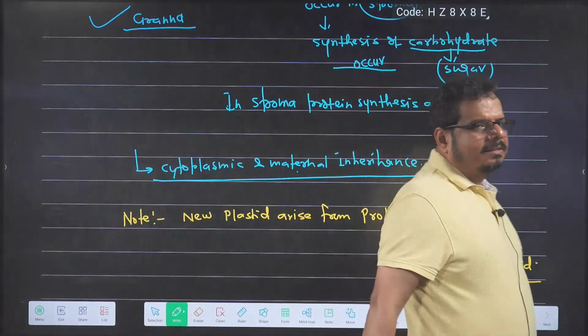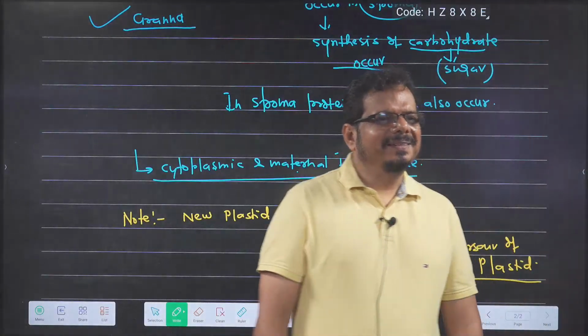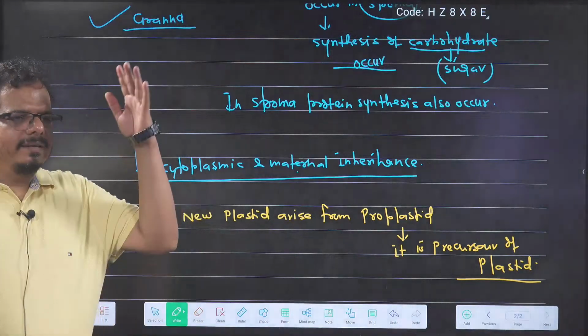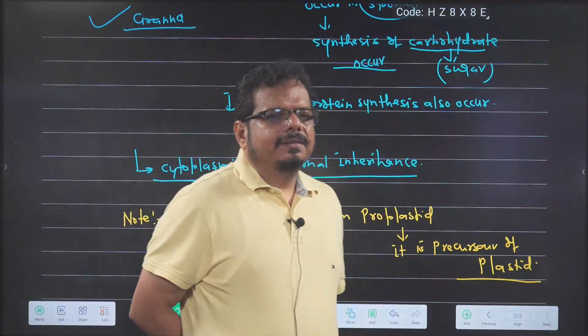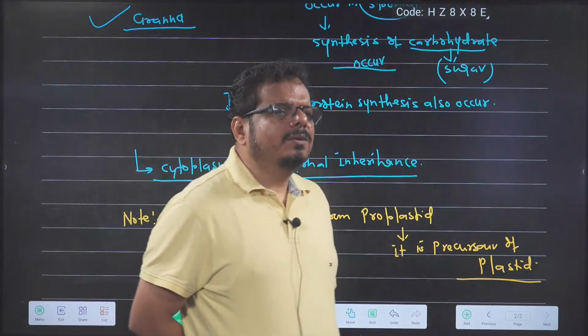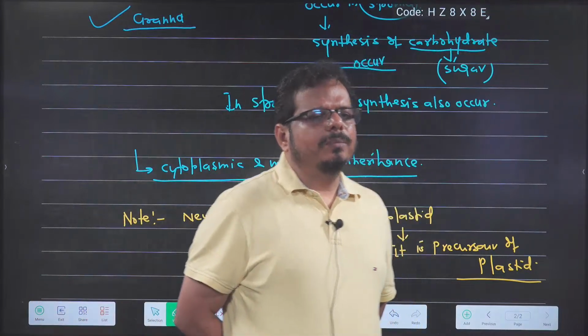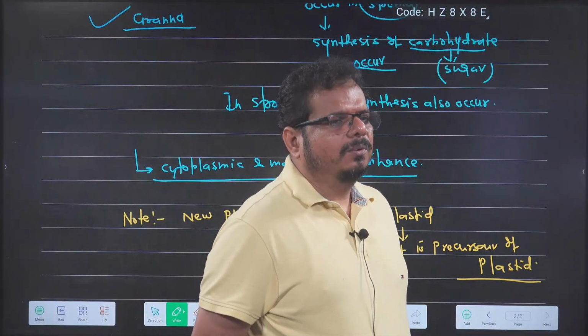Nothing more than this that I told you about the chloroplast will be asked in the NEET exam. That is for sure. I am not teaching unnecessary nonsense that is not required, just as much information as is needed. Got the idea? Proplastid is the precursor of plastid. The raw material from which plastid is made is called proplastid. That is not written in your textbook, but you must know.